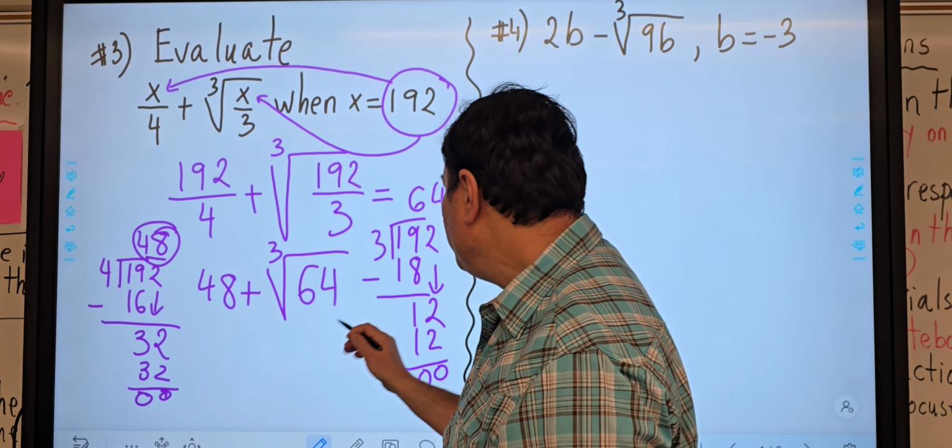Now we have negative 27 inside, so we have negative 6 minus cube root of, and negative 27 can be written as, remember, negative 3 times negative 3 times negative 3.